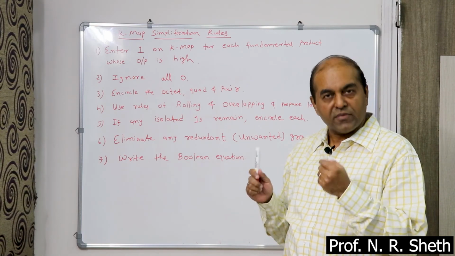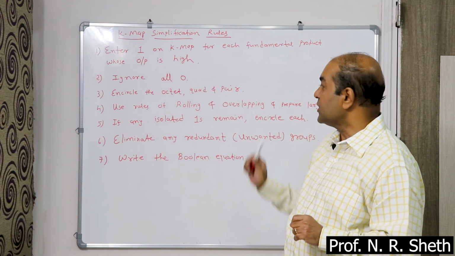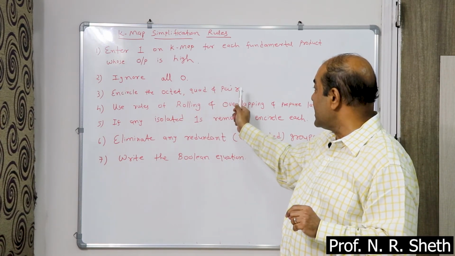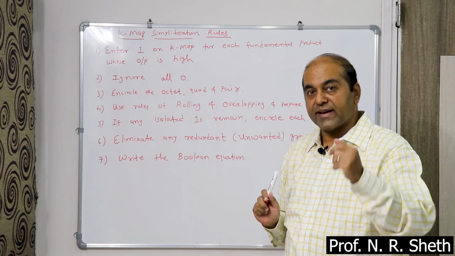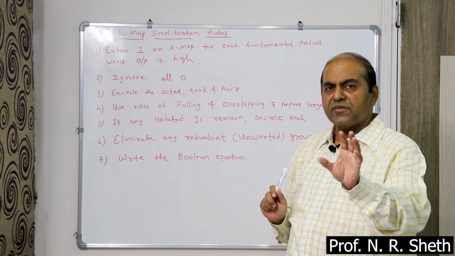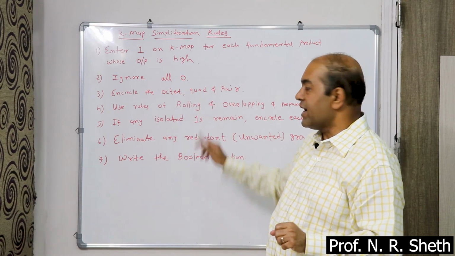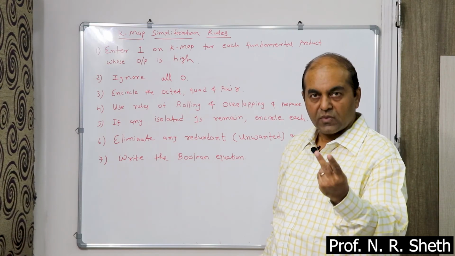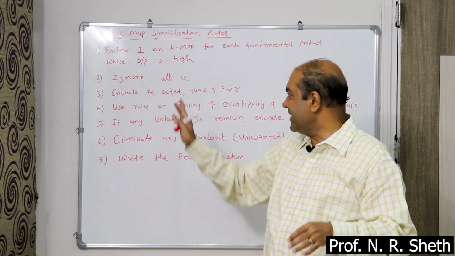No need to find out the fundamental product of these cases. Number 3, encircle octet, quad and pair. This property we are going to discuss in next lecture. But just I will tell you, octet means group of 8. Quad means group of 4. Pair means group of 2. So you have to prepare a group like 8, 4 and 2.